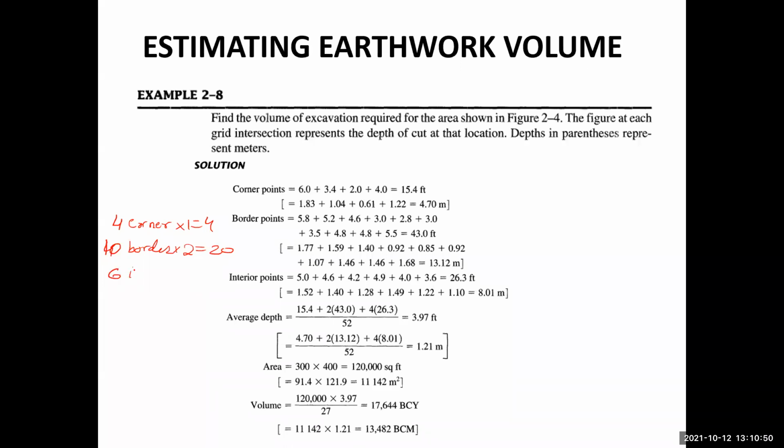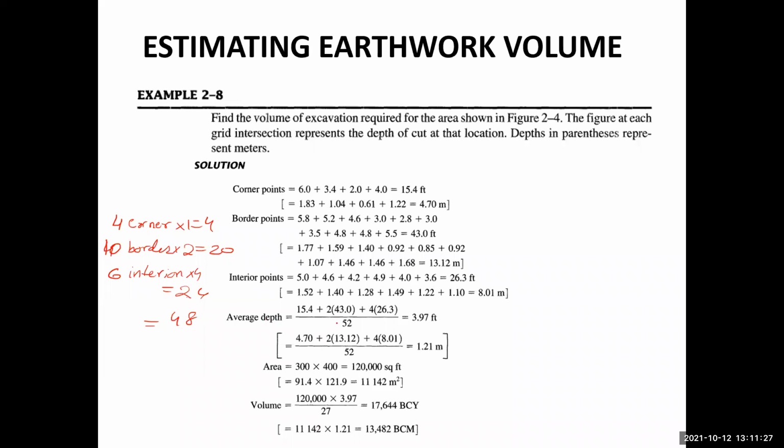And 6 interior points, multiplied by 4, that is 24. So 6 times 4 is 24. 24 plus 20 is 44. 44 plus 4 is 48.